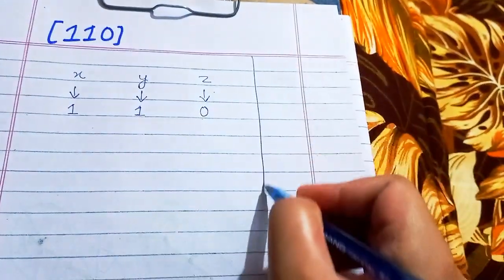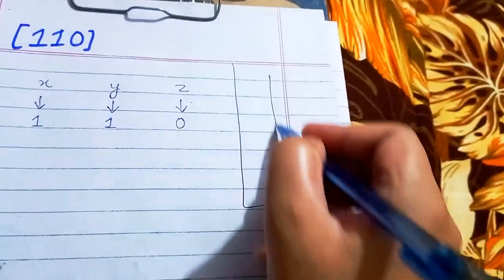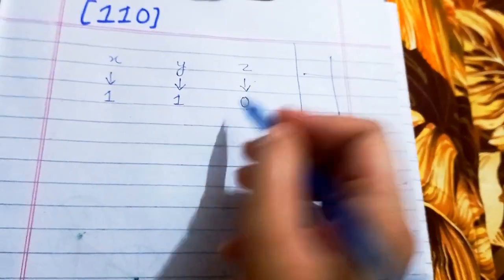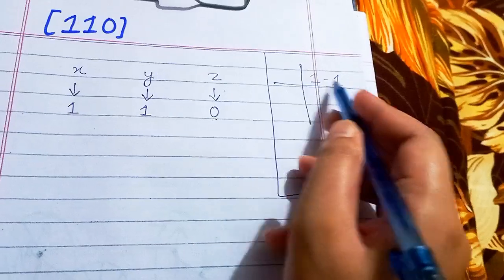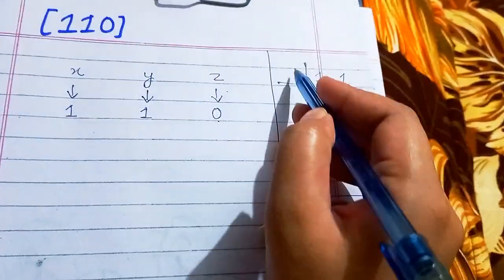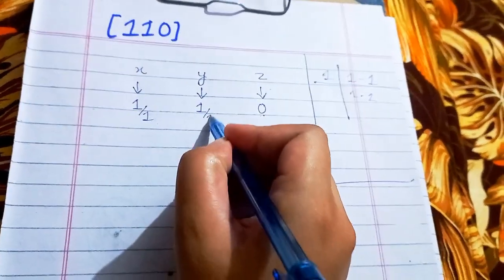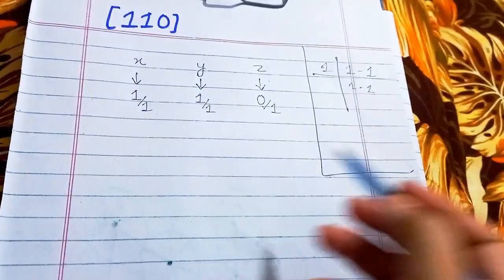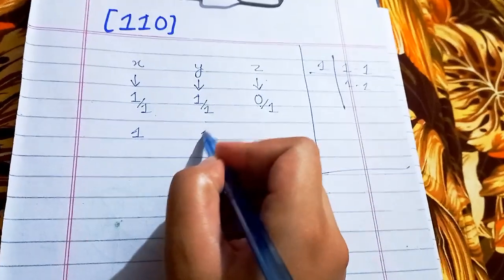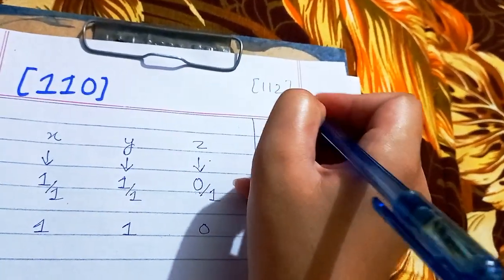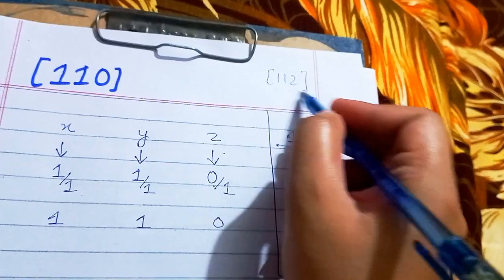Since in our case it's 1, 1, we will not take zeros. Okay, zeros are not considered. We'll take non-zero numbers only. So it's 1, 1, and the LCM of 1, 1 is 1, and dividing by 1 doesn't make any difference. That is why the importance of this step is not shown in this case, but it will be shown in other cases when we'll have other numbers in the Miller indices.